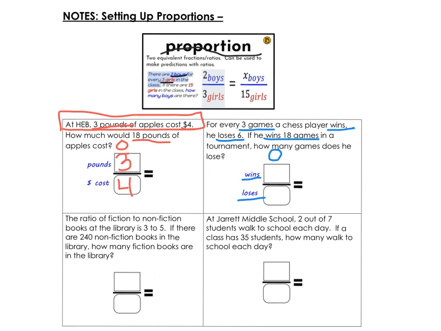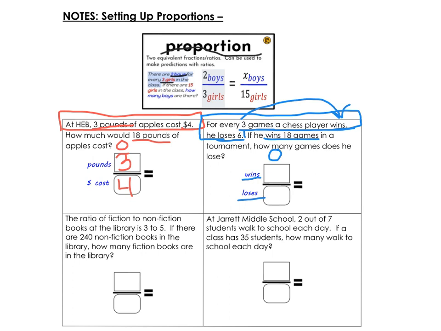All right, so right now we're just going to focus on the original ratio. Remember, the original ratio you're usually going to find in that first sentence. So right in here is where we can find that original ratio. It says for every 3 games a chess player wins. So 3 games he wins.